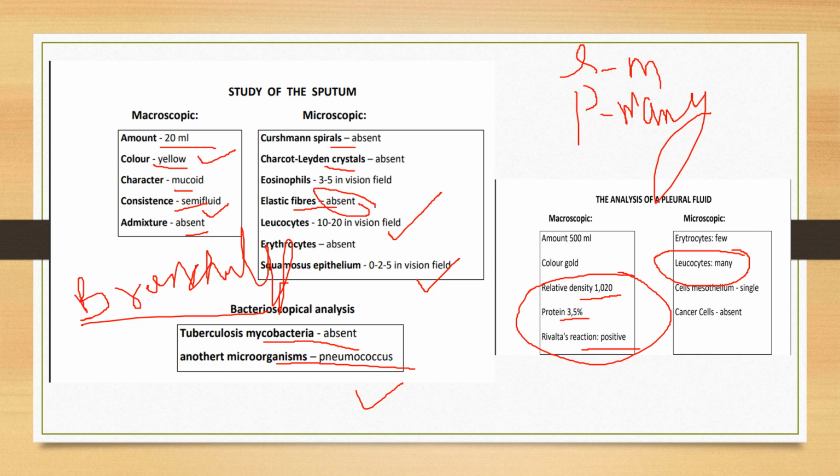Okay, because bronchitis is a type of inflammation, and leukocytes and squamous epithelium indicate inflammation. And I already gave you characteristics for this syndrome in previous video. And then second conclusion: relative density higher than 1015, protein higher than 3%, Rivalta's reaction is positive, and we can see many leukocytes. So we are talking about purulent effusion.